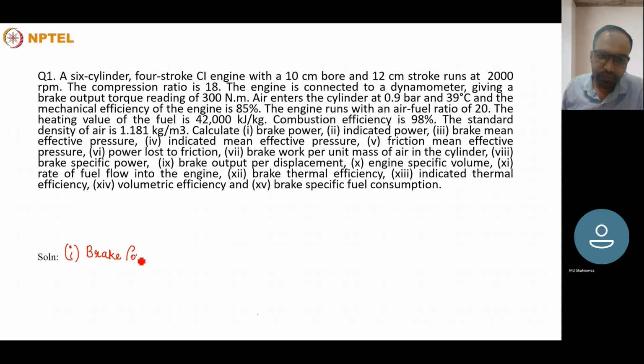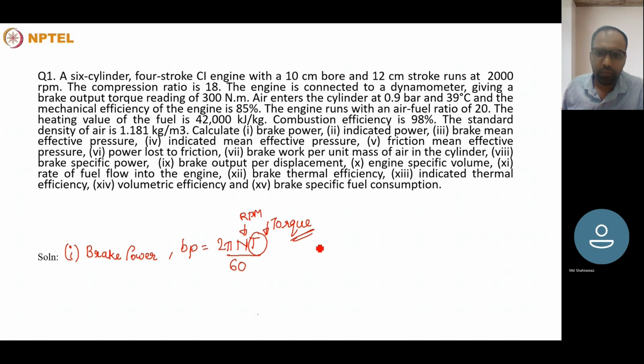Brake power is given by the formula 2 pi N T divided by 60, where T is the engine torque and N is the RPM.